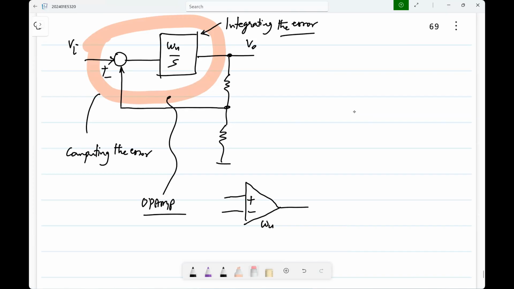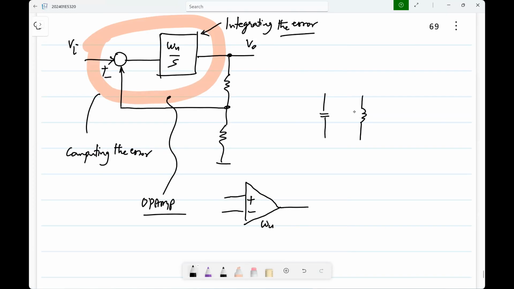Now we have to build it using the components that we have on a CMOS process. How would we implement integration? We have to do this with circuits. So what are the components that will allow you to do integration with respect to time? The two components that give you integral relationships are a capacitor and an inductor.